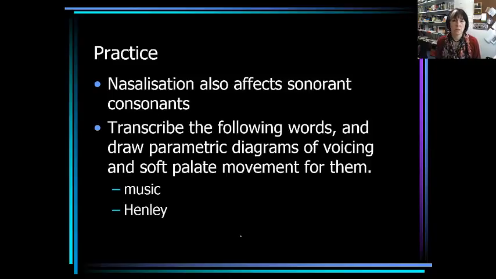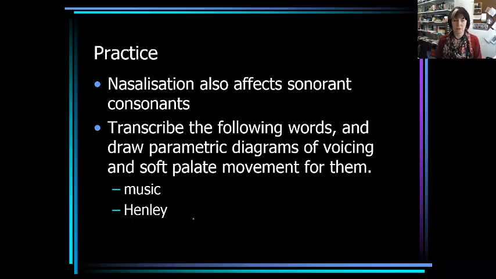Nasalization, which we've seen affects vowel sounds, can also affect other kinds of consonants, sonorant consonants. So I want you to think about what this would look like. You can add a nasal diacritic to any relevant sound. It doesn't have to be a vowel, you can add it to sonorant consonants as well. So here are a couple of words which may or may not contain other sonorant consonants.